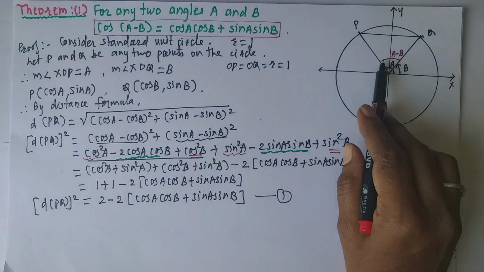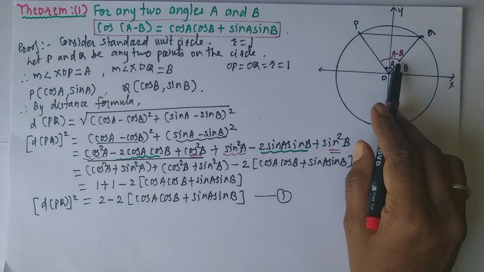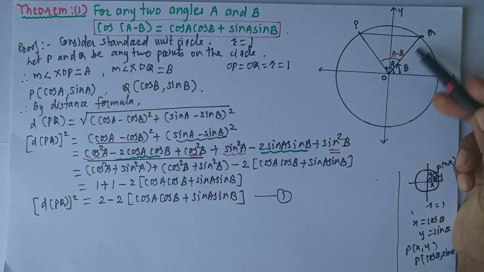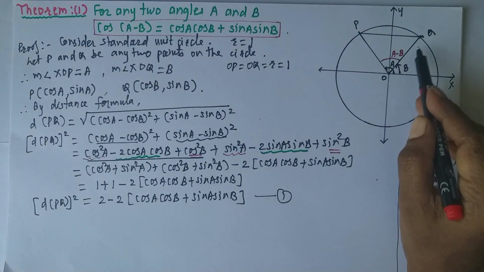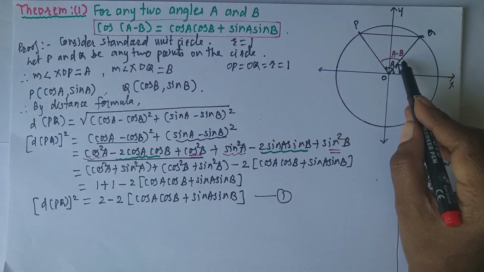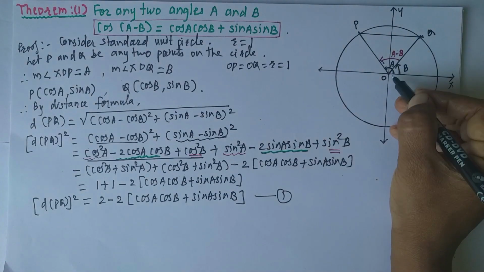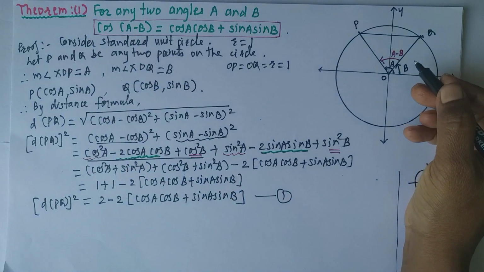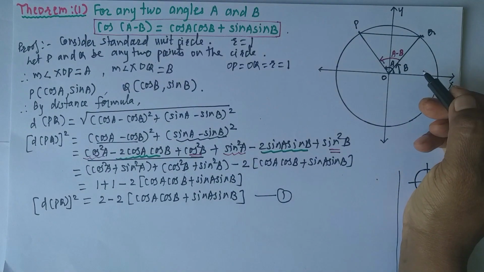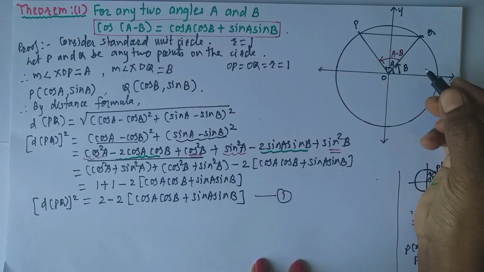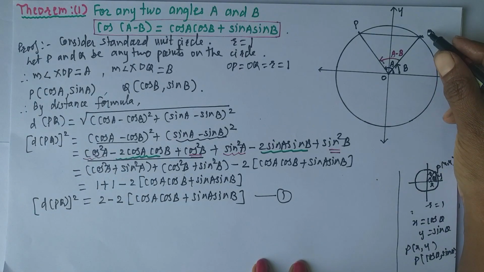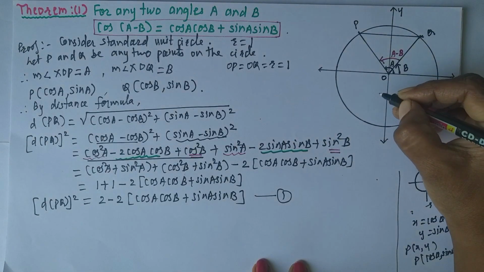But if we want to find the angle A minus B, then this OQ is not the positive direction of x-axis. If we consider OQ as initial arm and OP as terminal arm, OQ is not lying on positive direction of x-axis. Means here we have to modify the diagram or reconstruct the diagram, and for that, to find the angle A minus B, the angle should be a directed angle, and its initial arm should lie along positive direction of x-axis.